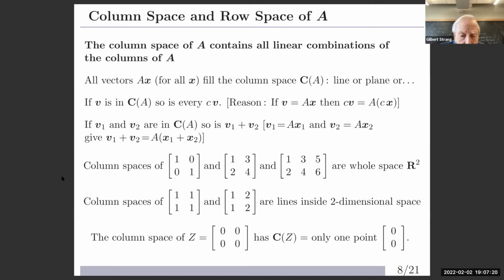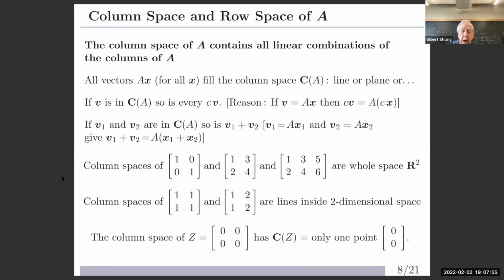Now, the next line has a matrix with columns (1, 1) and (2, 2). Well, the (2, 2) column is dependent on the (1, 1) column. It's in the same direction, just 2 times as long. So when we take combinations of (1, 1) and (2, 2), we just stay on that line. So the column spaces of those matrices are lines, one-dimensional subspaces.